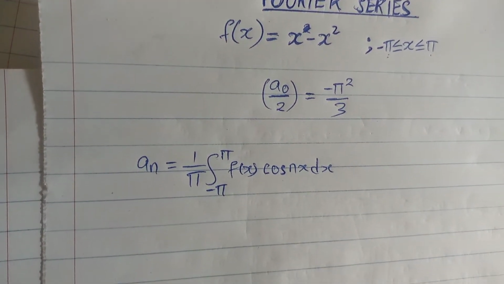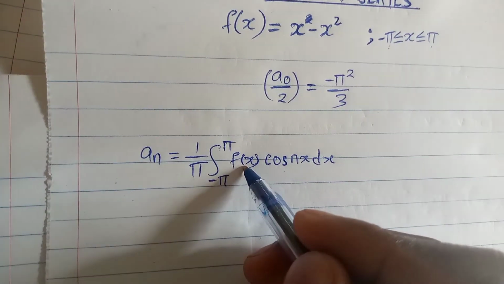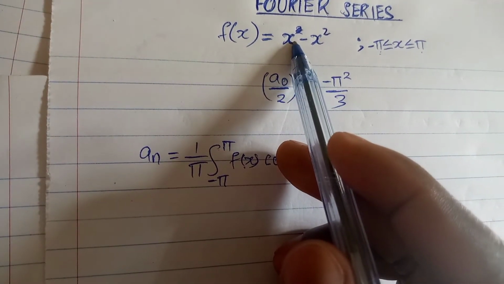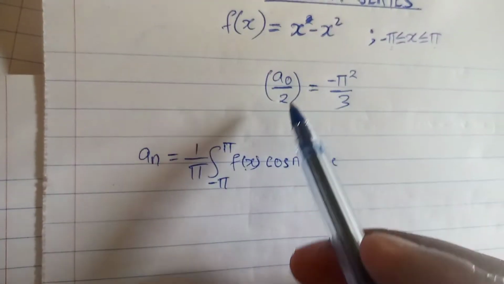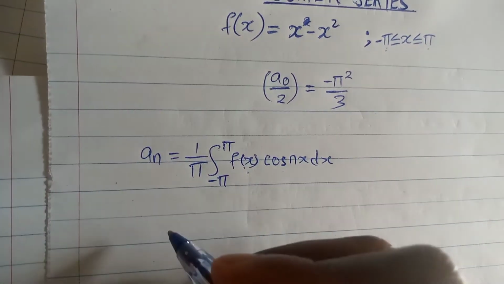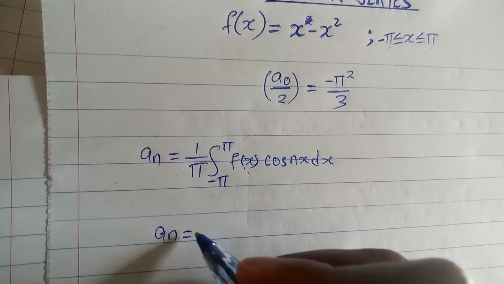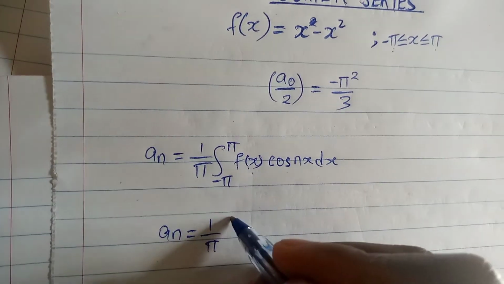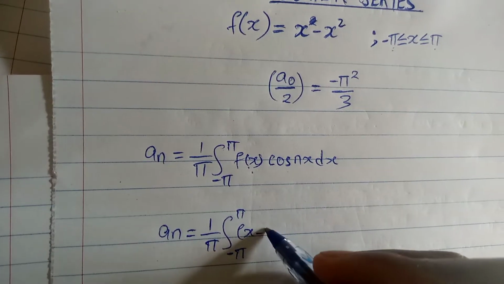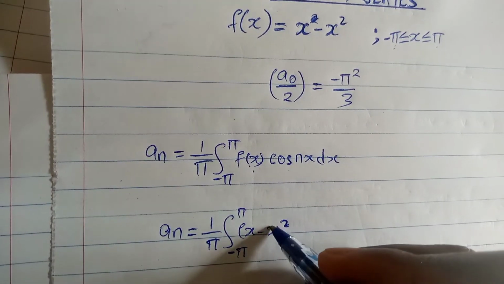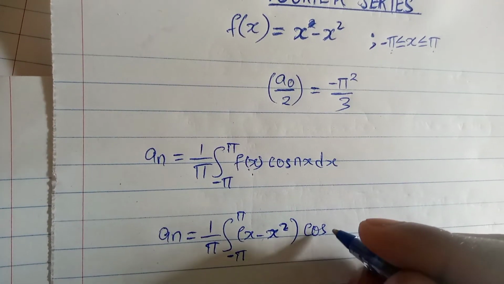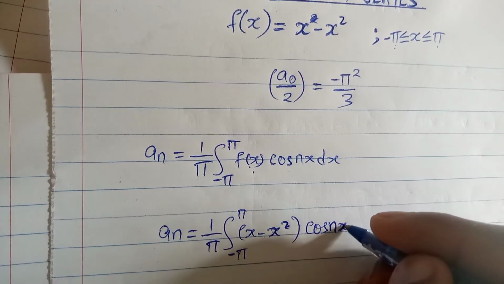Because we already have our function f of x, we now substitute x minus x squared. So our a sub n will simply be equal to 1 over pi, the integral from negative pi to pi, of x minus x squared times cos nx dx.